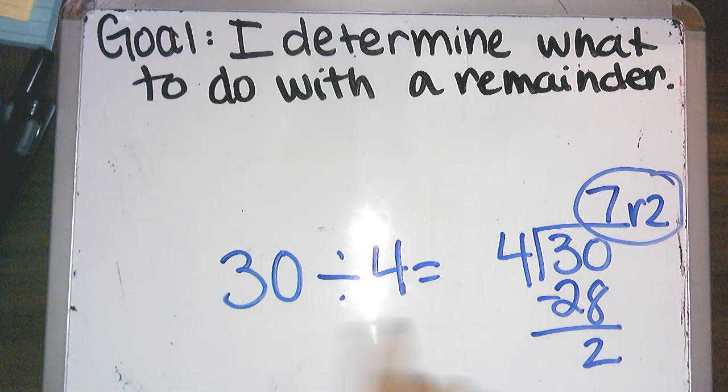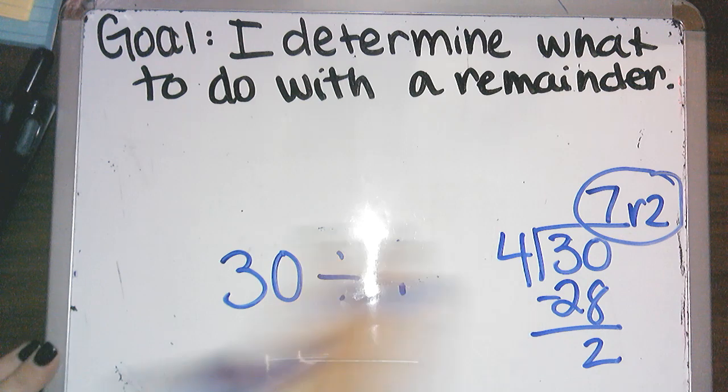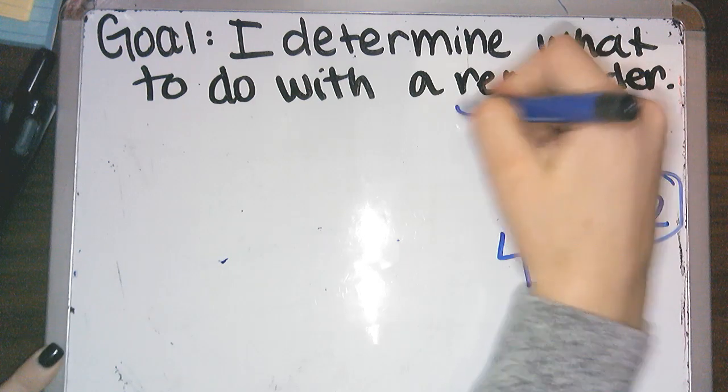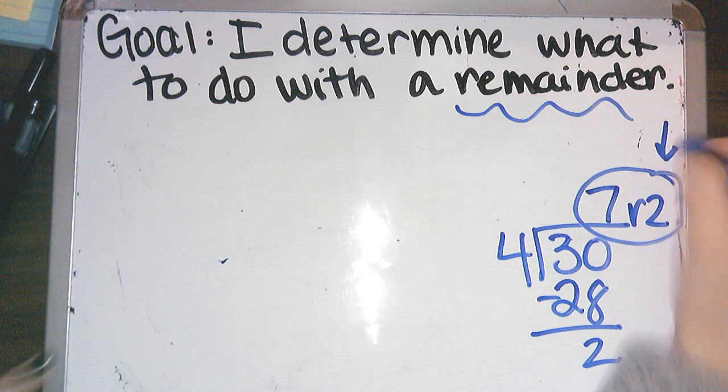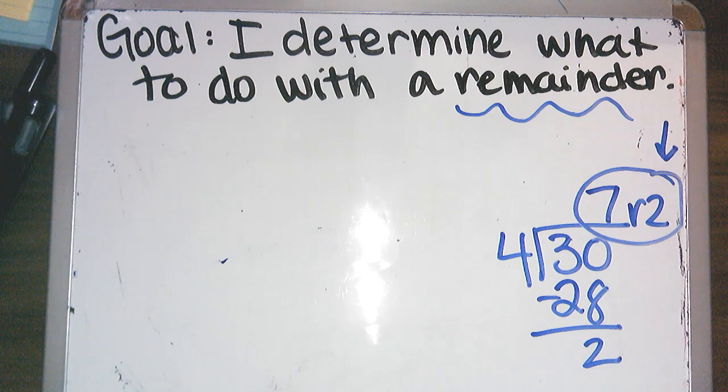This is our problem for every single one of our word problems, but what we're looking at today is the remainder. We're looking at this 2, and we're going to determine what we do with that 2. Is it always the same or is it different?